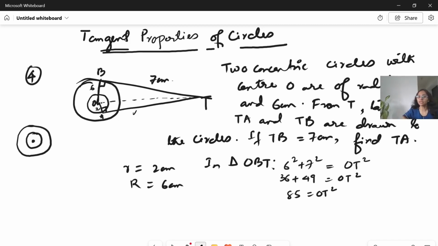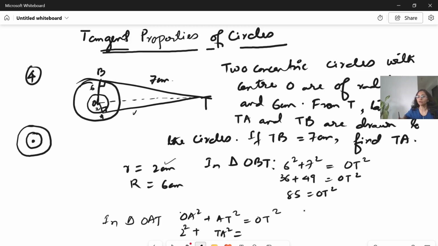Now let's use that to calculate AT. Now we will say in triangle OAT, the lower triangle OAT, this is 2. So OA square plus AT square is equal to OT square. OA is the radius which is 2 centimeter. So we will write 2 square plus AT square, which is what we have to calculate. Let me write TA.